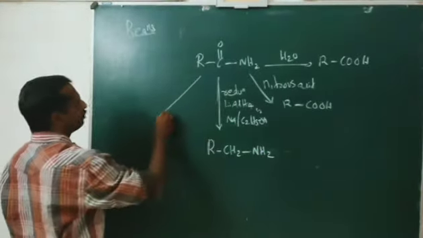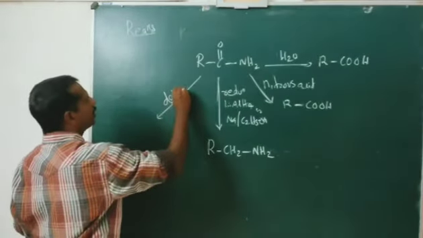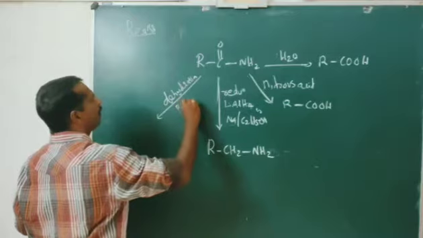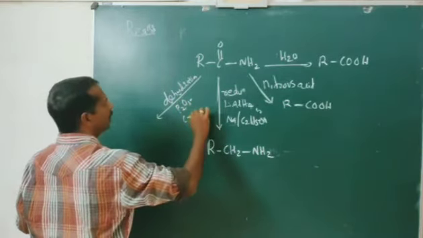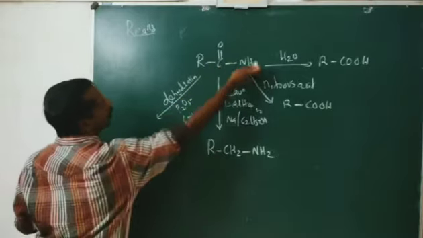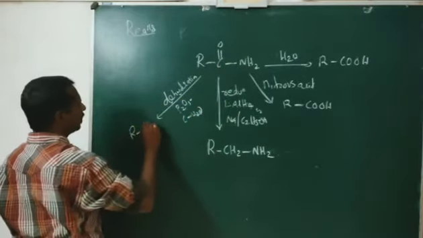Next is dehydration reaction. When treated with P2O5, a water molecule will be eliminated, minus H2O, and we get RCN.